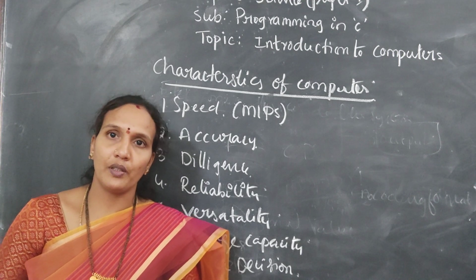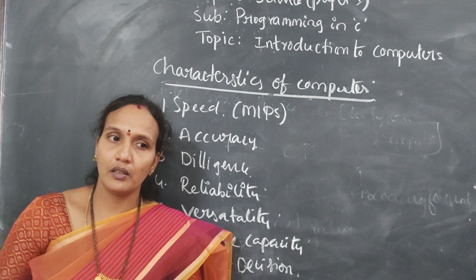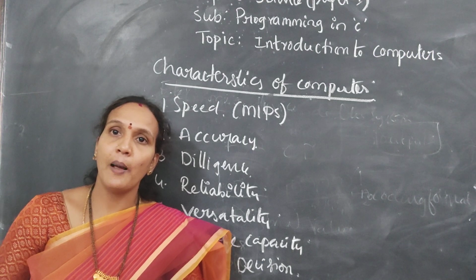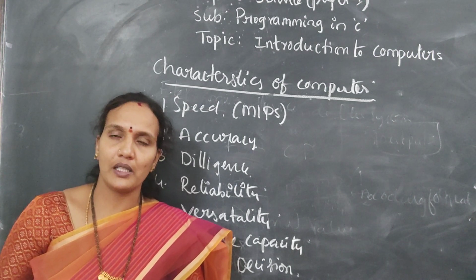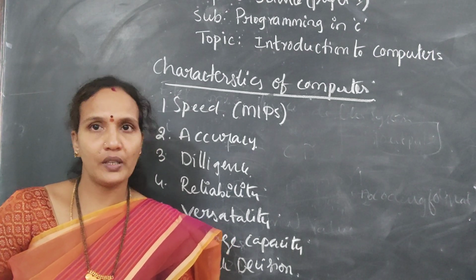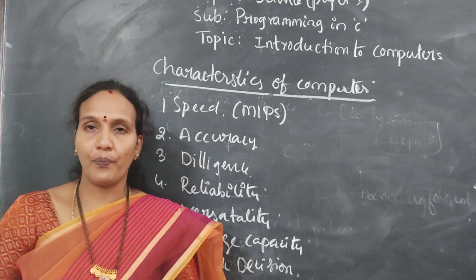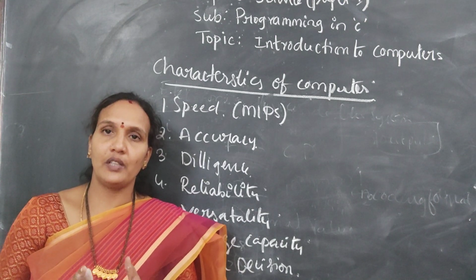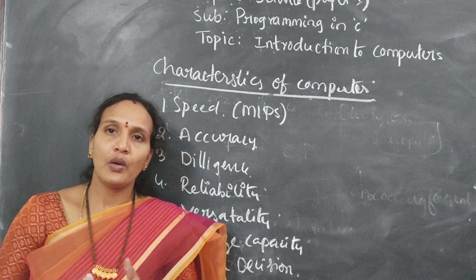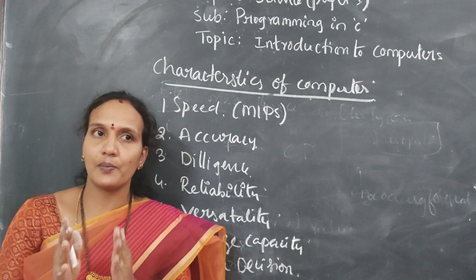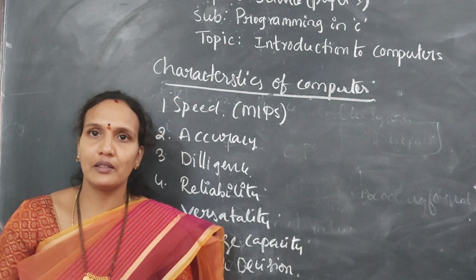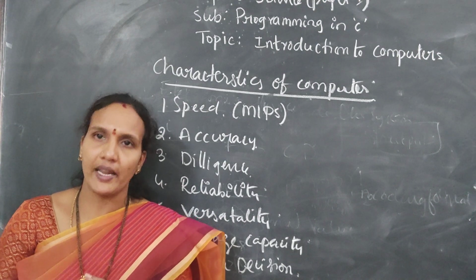But in the case of a computer, if you give multiple tasks or the same task for a day, for a month, for a year, it will perform all the calculations with the same speed, without any tiredness.